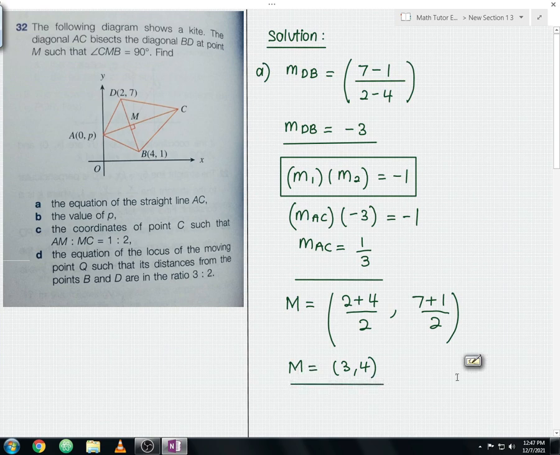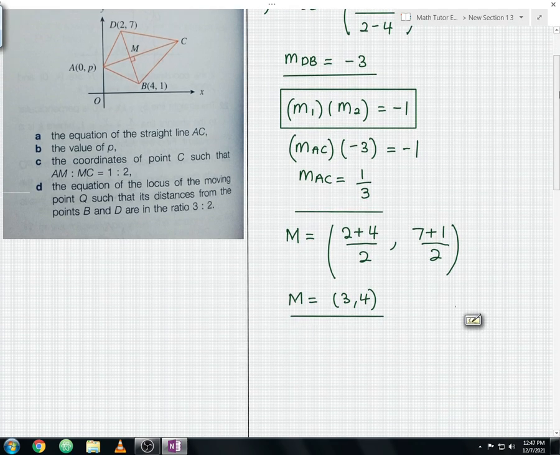Now we already have the gradient of the straight line AC and a point, in this case the coordinate of point M. These two pieces of information are sufficient for us to come up with the equation of the straight line AC. Now our final step is to come up with the equation of the straight line AC. So let us write down the working here.